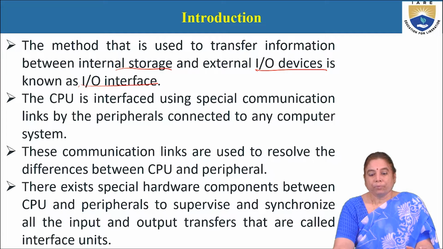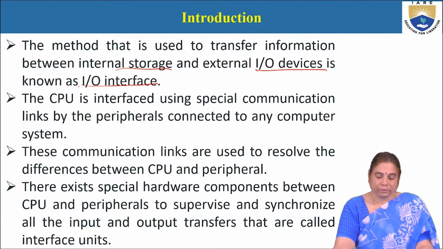To mitigate this mismatch in the speed of data transfer between peripheral devices and the CPU, synchronization of speeds can be achieved with the help of these communication links and an input-output interface.